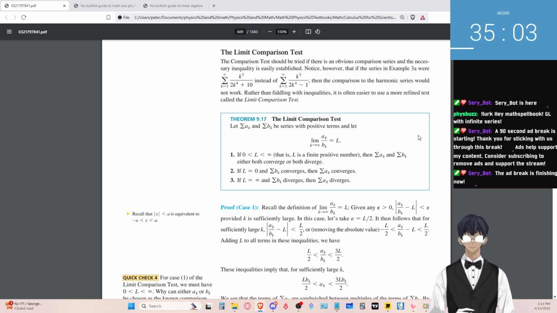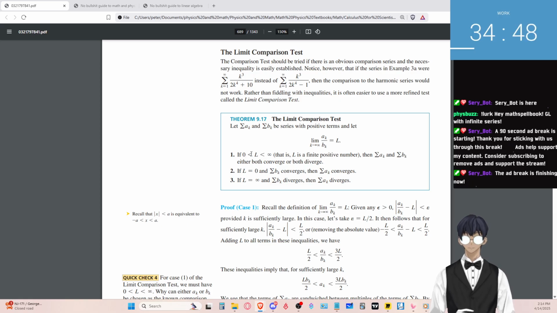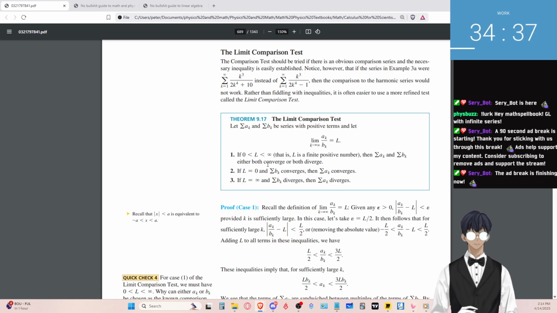Let the limit... Oh, okay, so you put A in the numerator and B in the denominator. It equals a limit. Okay, so 0 is less than L, and L is less than infinity. L is a finite positive number, okay.